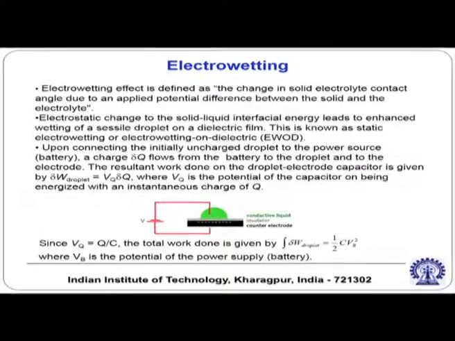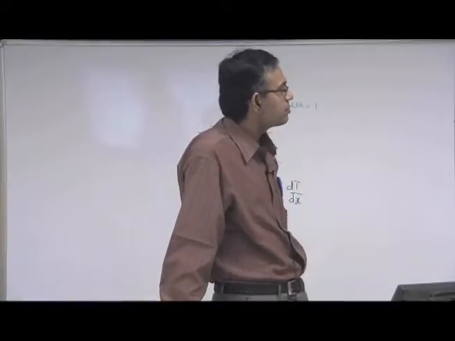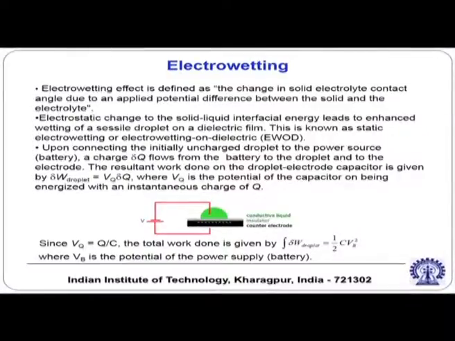You all know this is how the energy stored in a capacitor is evaluated. This V_B is the final potential; finally it is charged to the potential of the battery. So when you integrate from potential 0 to the final potential V_B, that makes it half C V_B squared.